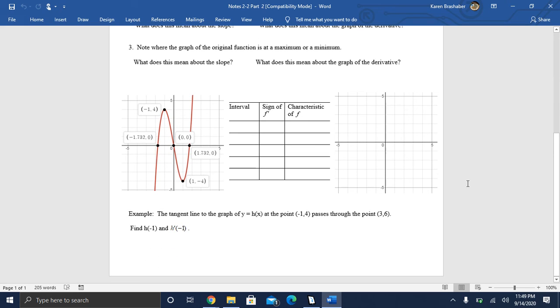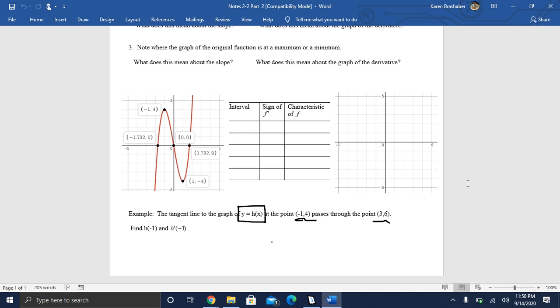I just thought it was worded in a way that I wanted to hit this with you. So your second example is where you have information, the tangent line y equals h of x at the point -1, 4, also passes through a point 3, 6.